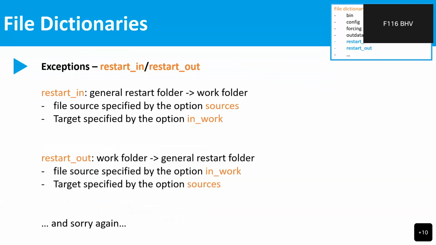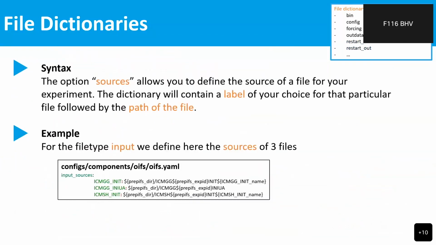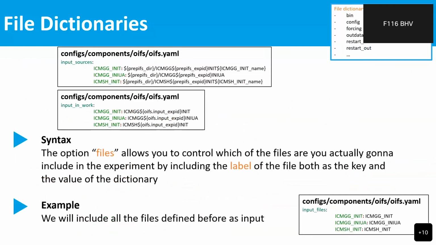But anyway, the good news is that this is not something that users are going to be using a lot. You have already used this feature in a much more intuitive way in the previous exercise when you were selecting the config sources. Do you remember that you changed config sources and changed the namelist.io? So what you were doing, if we look at this example here, is that instead of input you have config sources.